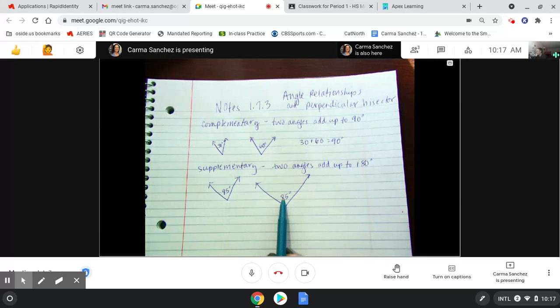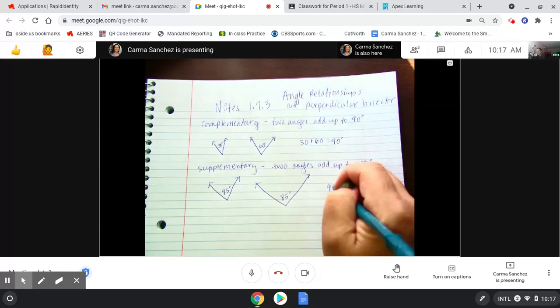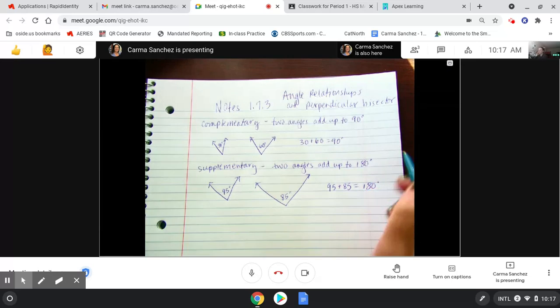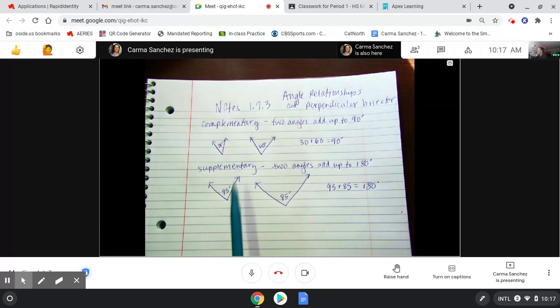And these two angles, 95 plus 85, add up to 180. And so two angles are said to be supplementary if their measures add up to 180. So these were not on the study guide, but they're expected for you to know. So I just wanted to bring it up.